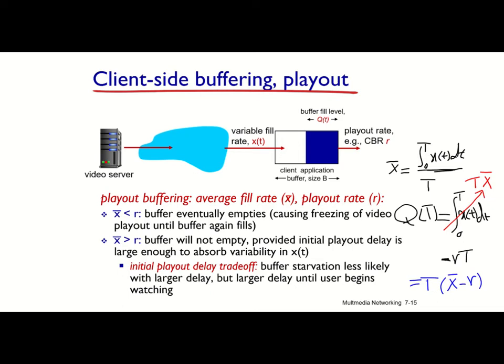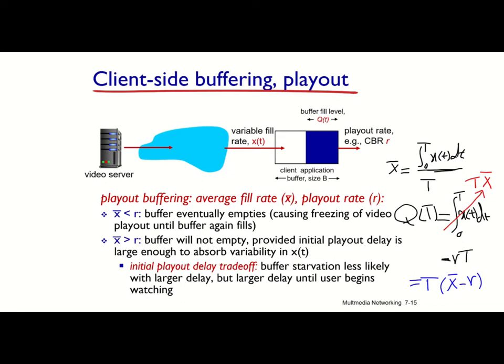So this function of time, x of t, has an average over time. So let's assume that the average is represented by x bar. So x bar is equal to the average of x of t, which can be calculated by this integral divided by the time that we are considering the whole scenario, the total time.